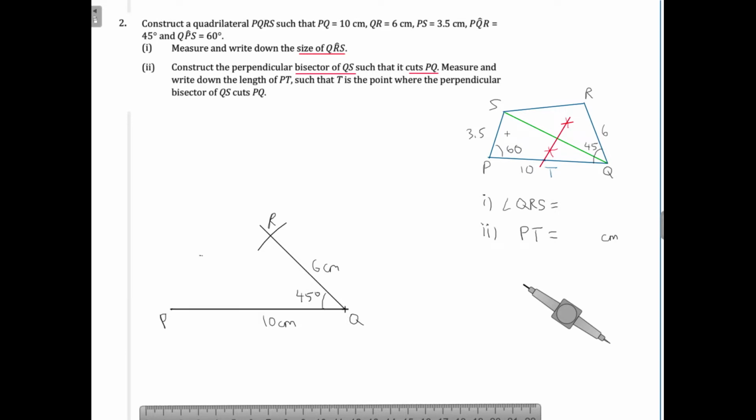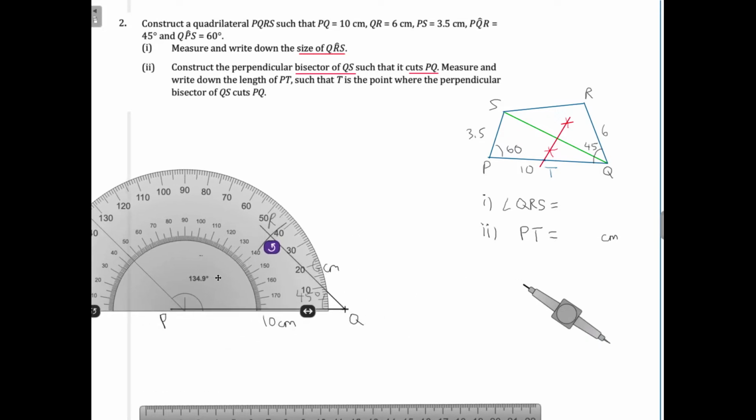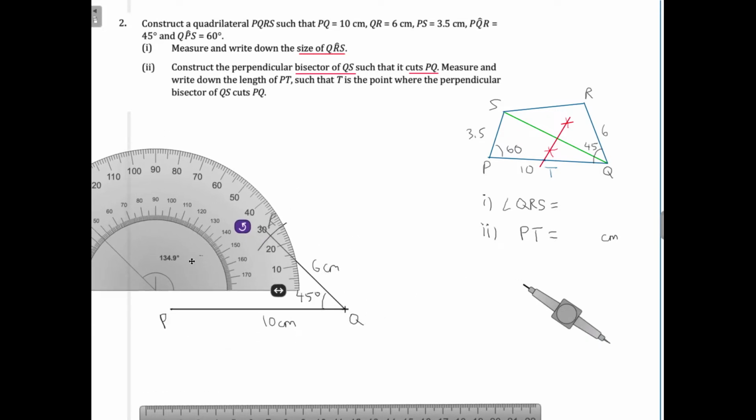Next, on the other side, we have an angle of 60 degrees. So once again, bring in the protractor to measure an angle of 60 degrees.